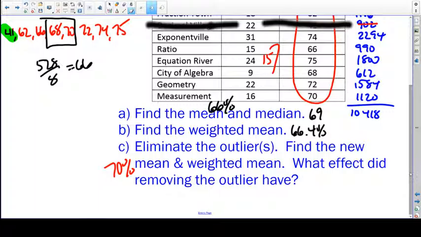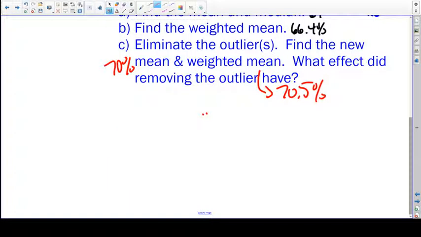The weighted mean goes up to 70.5%. So what effect did removing the outlier have? Well, removing the outlier meant that both the mean and the weighted mean went up about 4%.